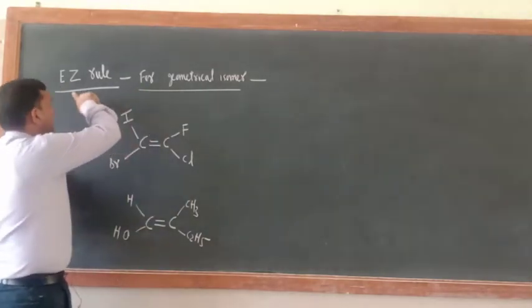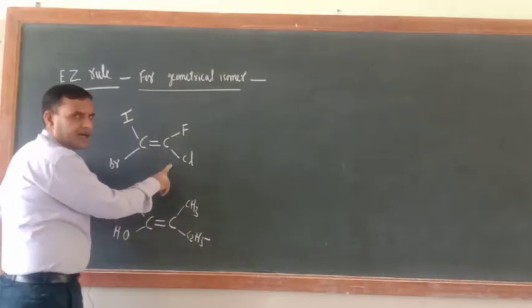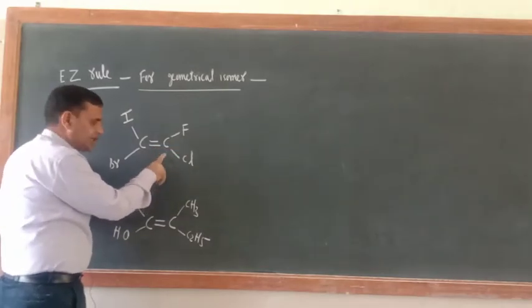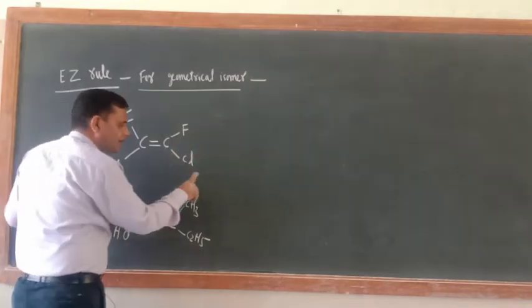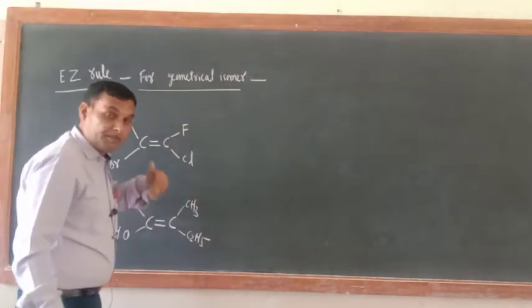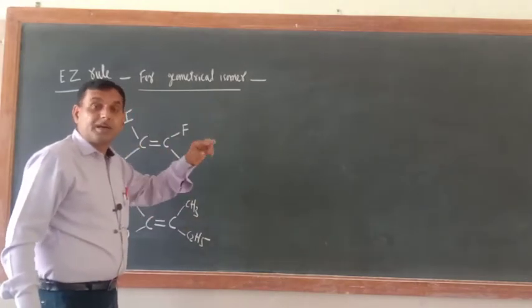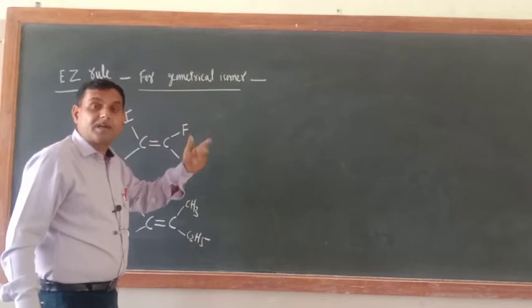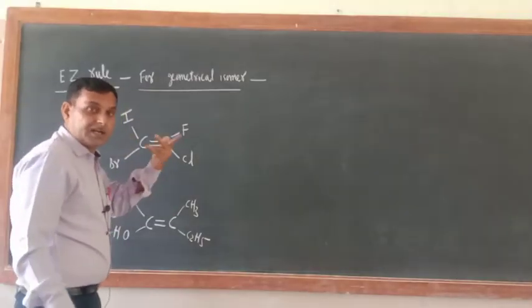So first, in the EZ rule, the groups on each double bonded carbon atom must be numbered, given priority on the basis of their atomic number. Whose atomic number is more will have the highest priority, the top priority.